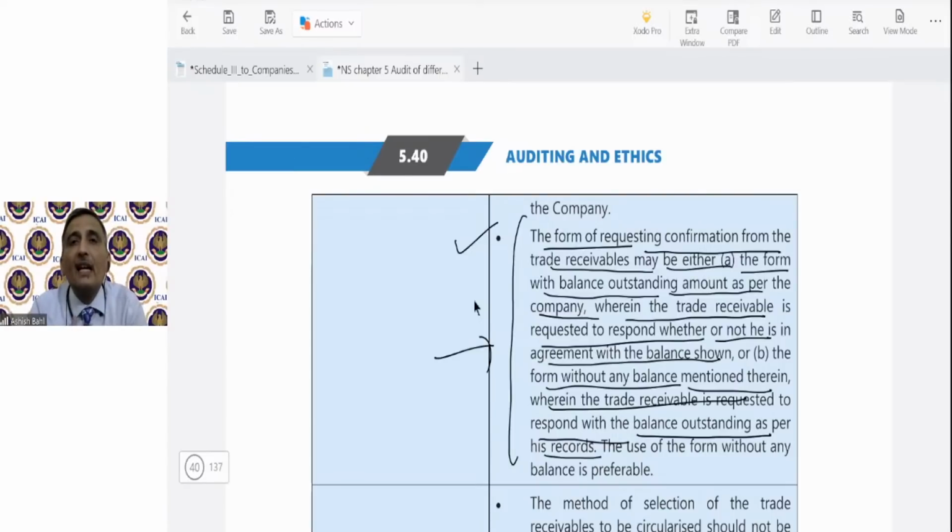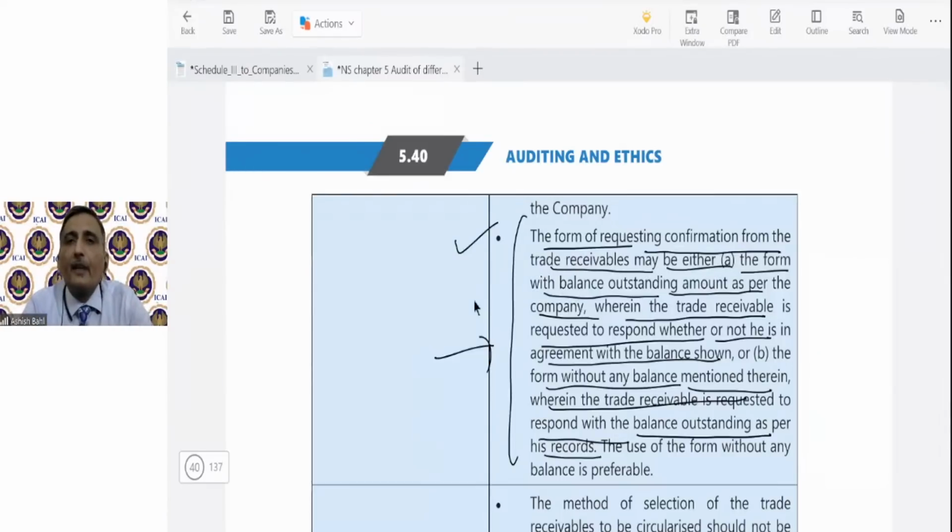So obviously, the second method is more preferable, because in that case the confirming party would definitely look from his records and then only fill the balance.